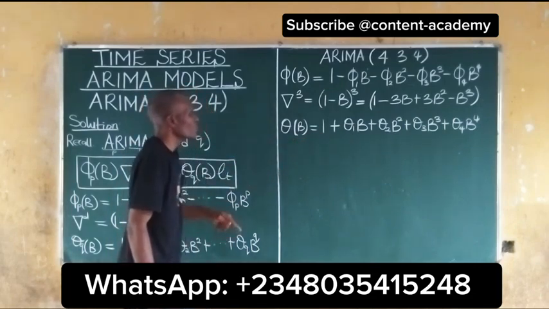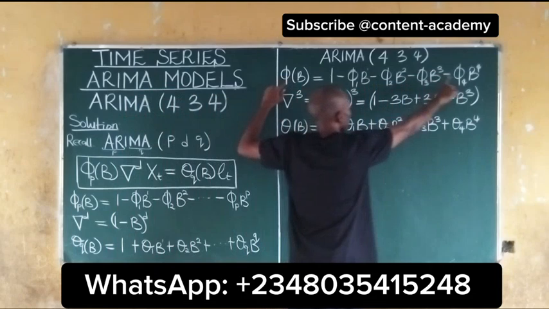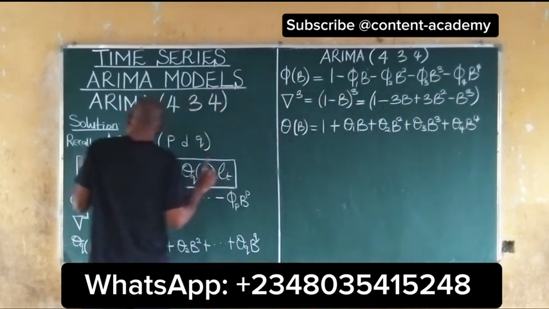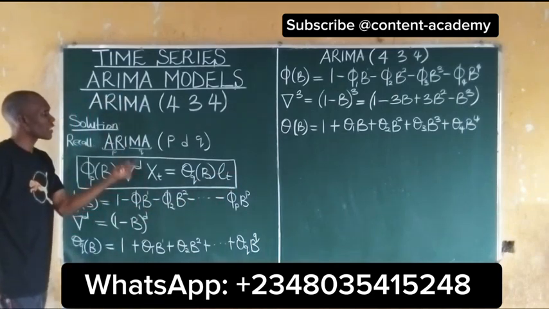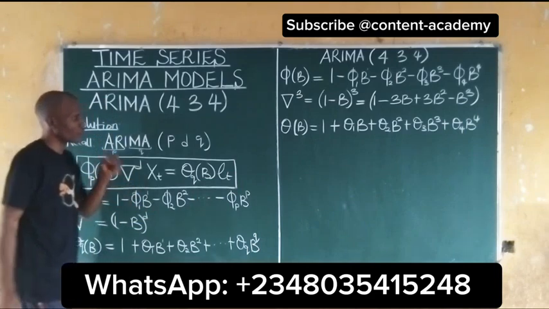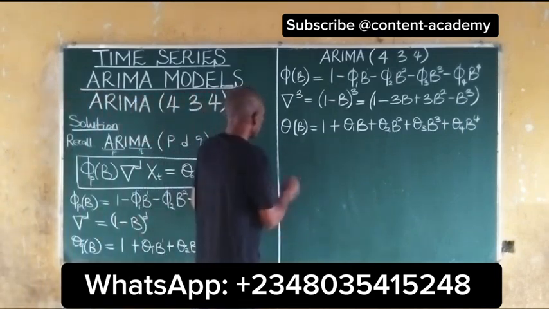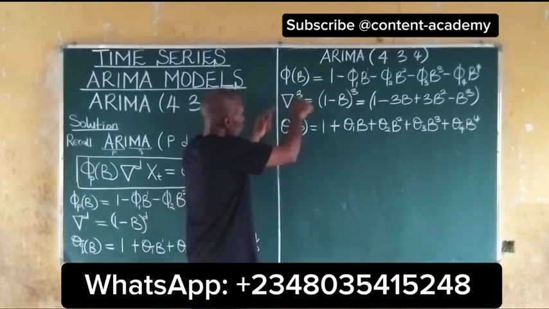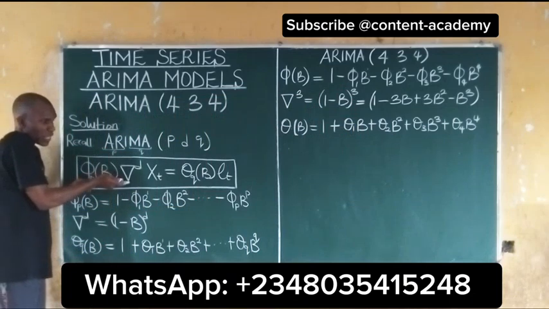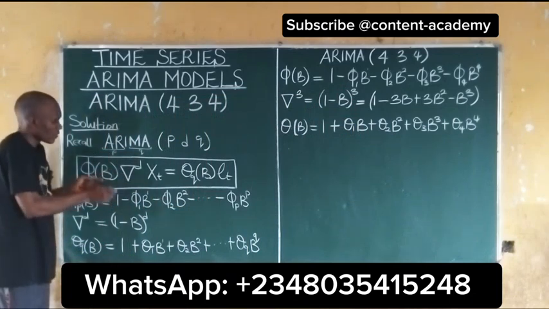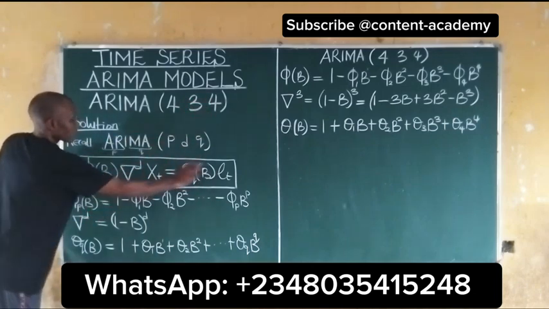The next thing to do is to write whatever we have gotten here. We shall put it into this pattern. This is our ARIMA model. So for us to put whatever we have here into our model, we put the whole of that as this.